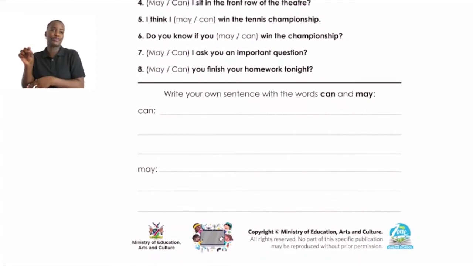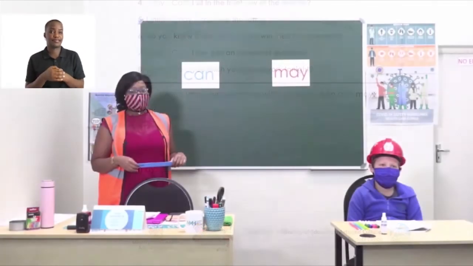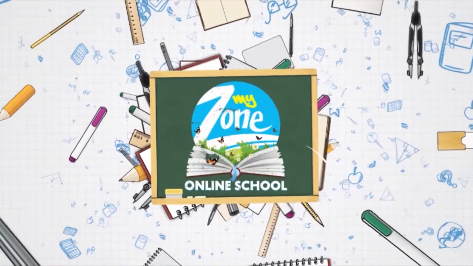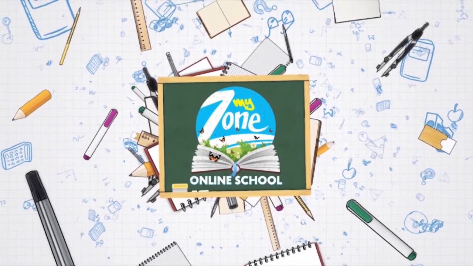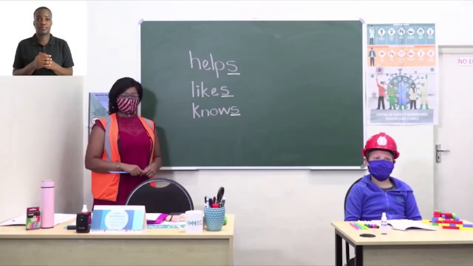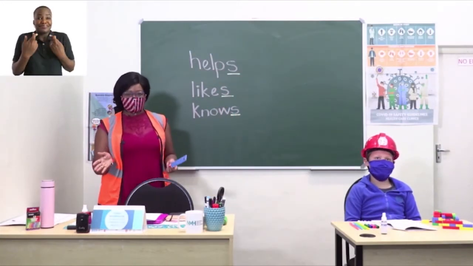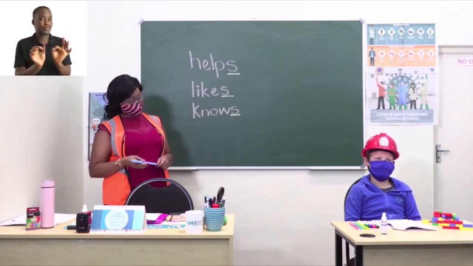You are going to make your own sentences. Now remember, when you're making a sentence, you start with a capital letter and end with a full stop. I hope your sentences are beautiful and that they make sense.